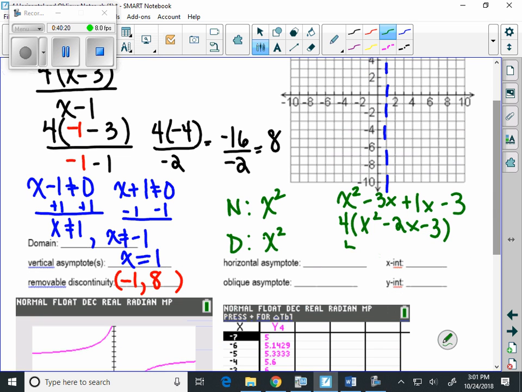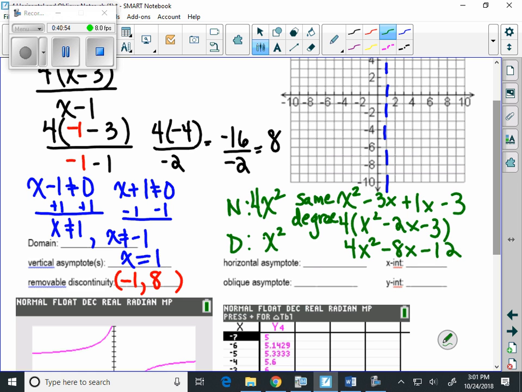So we end up with 4x squared minus 8x minus 12. So ultimately, not only is our degree x squared, but the term is really 4x squared. And what we see now is that the degree on top is 2, the degree on bottom is 2, which means that we have the same degree.